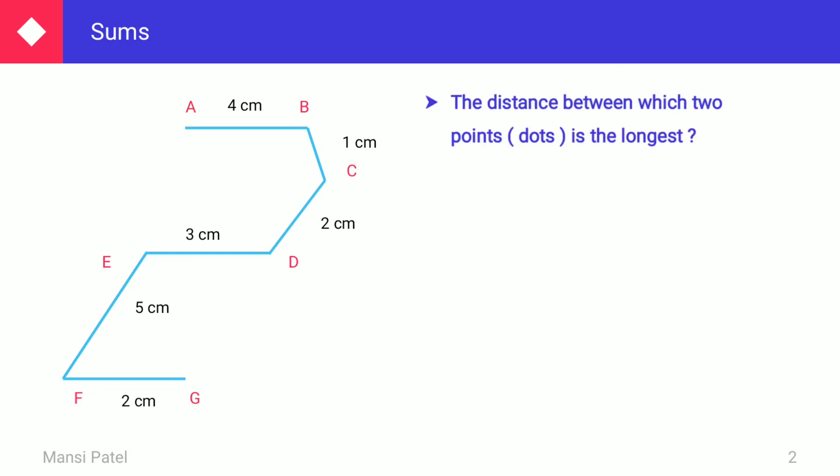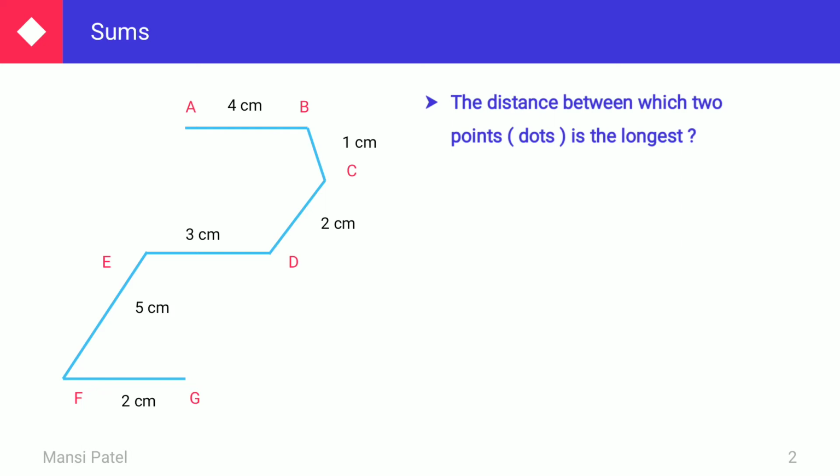Your first question is: the distance between which two points is the longest? To answer, you first have to understand the meaning of longest. Longest means the maximum. Whose measurement is maximum?